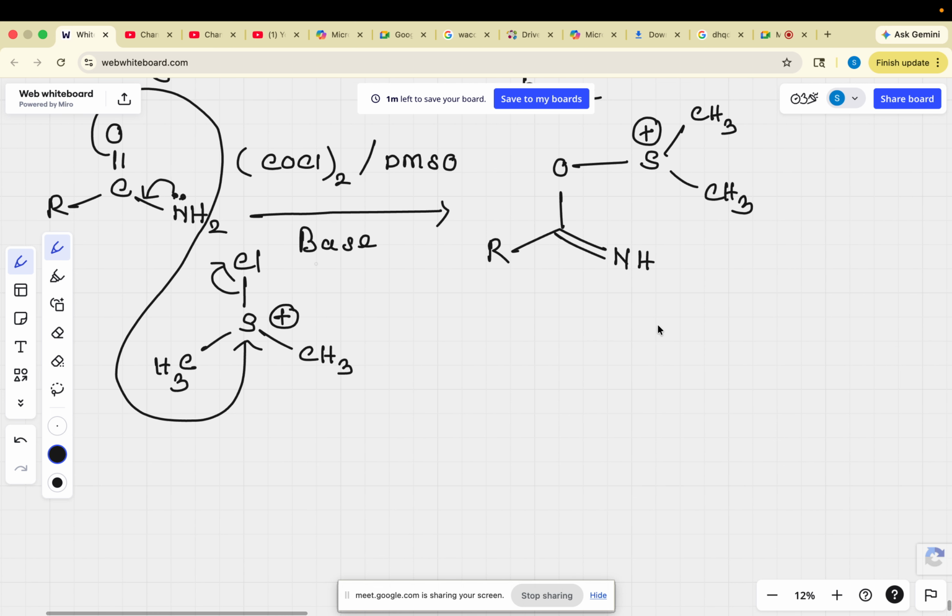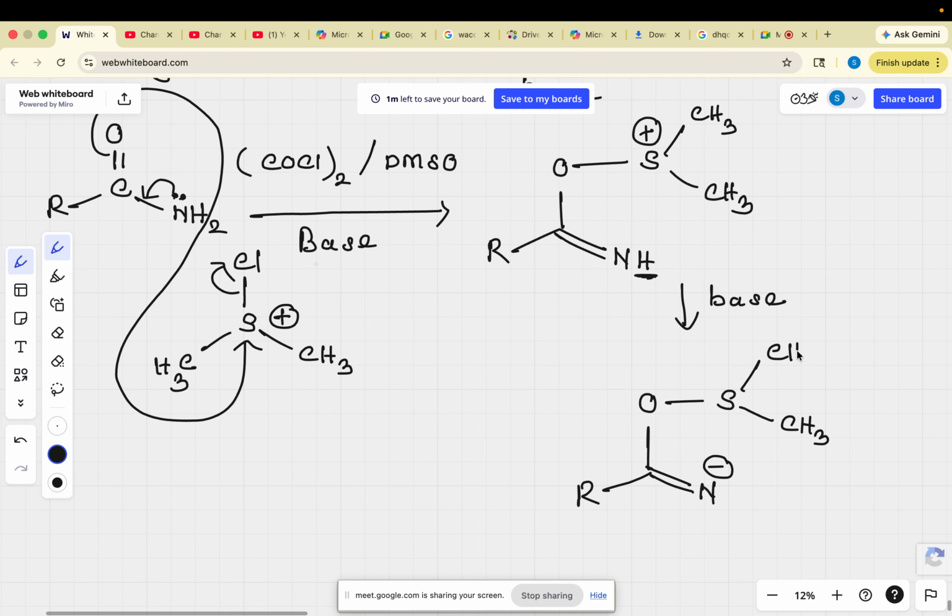Okay, now next step, we are treating this compound with base, right? So you can see this is the acidic proton, the proton attached to nitrogen. So what you will get? Double bond N, you will get a negative charge here. You have oxygen, sulfur, and two methyl groups. Sulfur is getting positive charge.